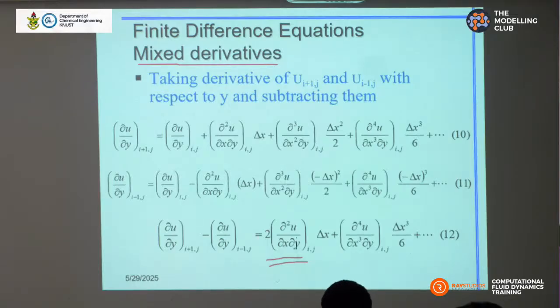Sometimes the governing equations can have mixed derivatives, so the question is, how do we represent those mixed derivatives when they occur in the governing equations? This approach gives us a way of using the Taylor series expansion to obtain mixed derivatives from the finite difference equations.